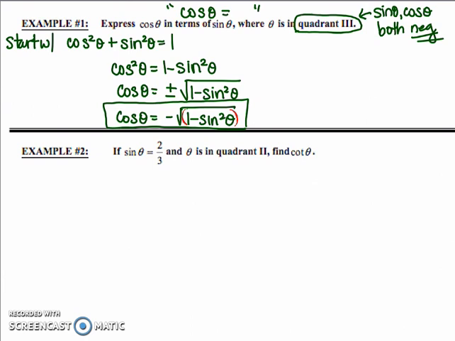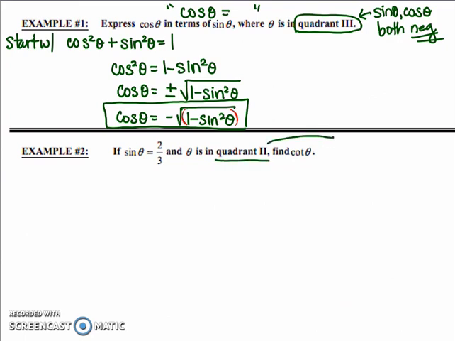In my second example, they tell us that sine theta is 2/3 and theta is in quadrant 2. They want us to find cotangent of theta. All right, well, we're going to begin with the fact that theta is in quadrant 2. Since we're trying to find cotangent, cotangent is cosine over sine, and in quadrant 2, we know that cosine is negative and sine is positive, which means if we're dividing a negative by a positive, the result is going to be negative.